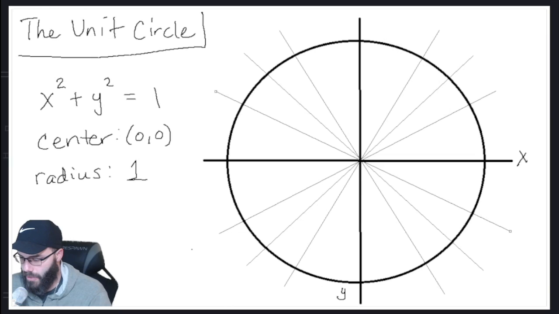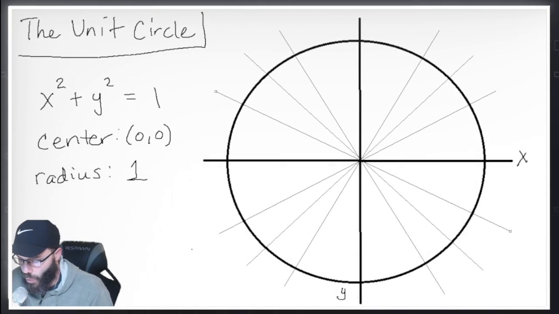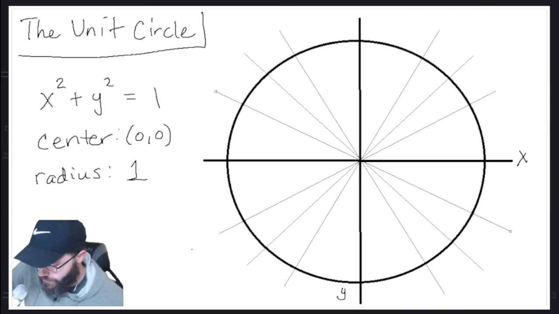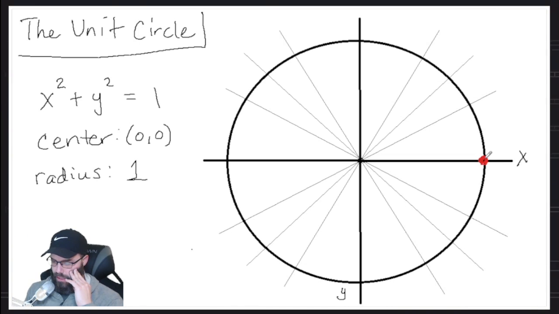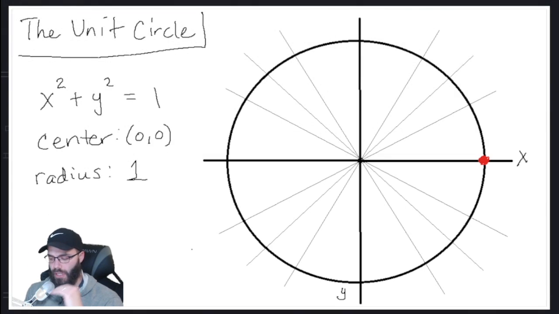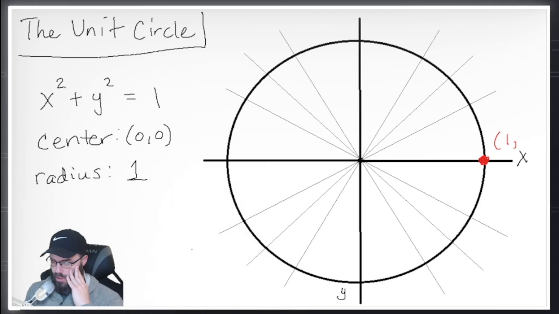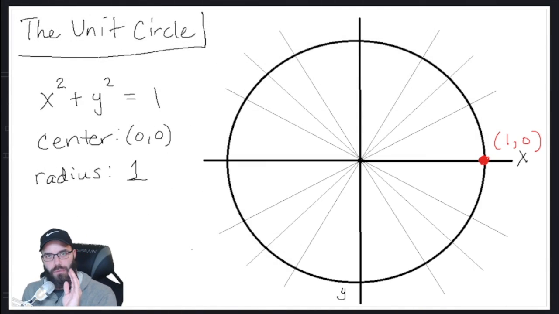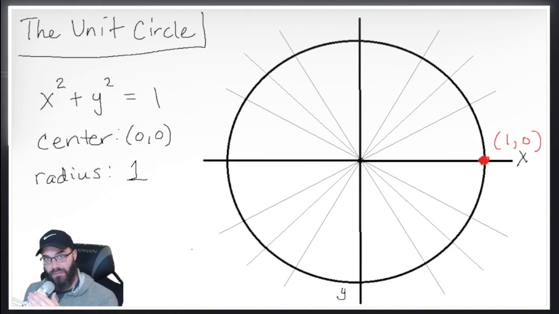That's really important because that's going to help us determine some coordinates on this unit circle. This coordinate right here is 1 unit away from the origin, 1 unit to the right. So this would have a coordinate 1, 0. All right, we moved 1 to the right, 0 up or down. Nothing, we didn't move any vertically.